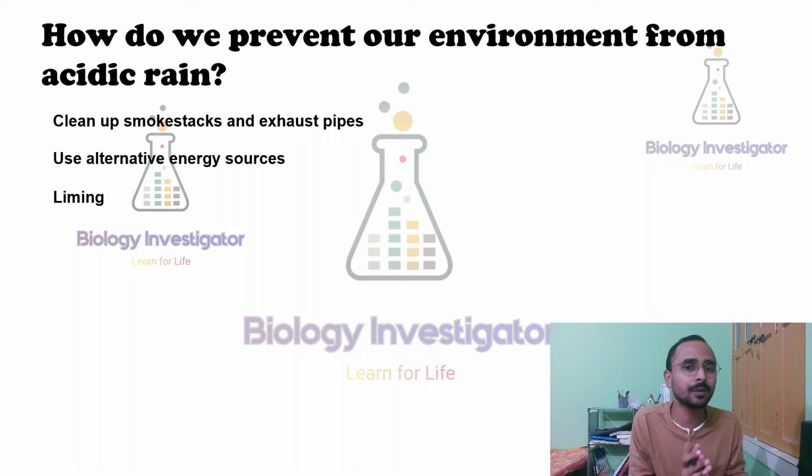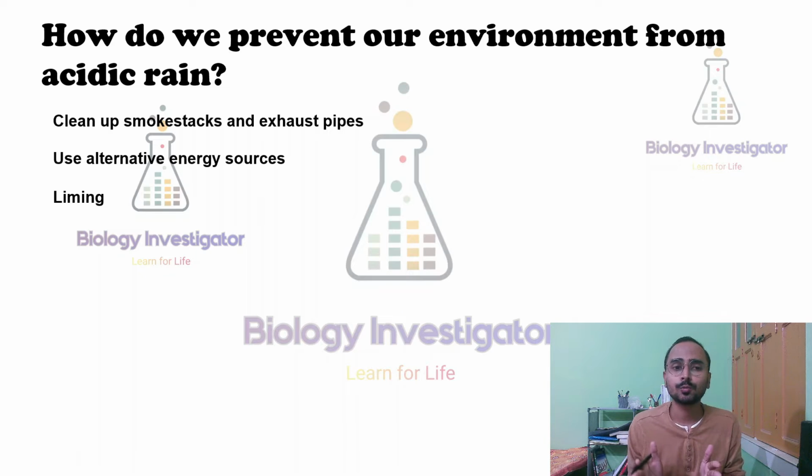So how do we protect our environment from acid rain? আমরা অ্যাসিড রেন থেকে বা অম্ল বৃষ্টি, যদি বাংলায় বলি, অম্ল বৃষ্টি থেকে কিভাবে আমাদের পরিবেশকে রক্ষা করব, তো আমরা দেখব এক একটা পয়েন্ট। So we will see the points one by one. First, we need to clean up the smokestacks and exhaust pipes.